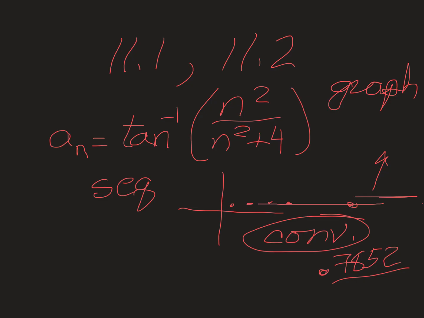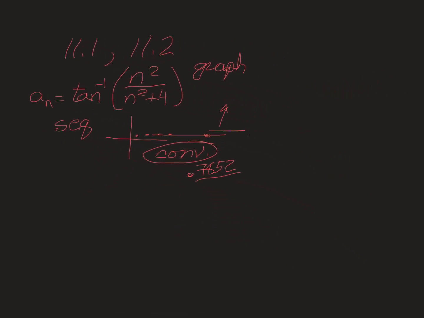So the real issue then becomes, can you prove the guess? Can you actually show that this is convergent? And the answer is yes, you can show it's convergent. So really we want to take the limit as n goes to infinity of the inverse tangent of n squared over n squared plus 4.